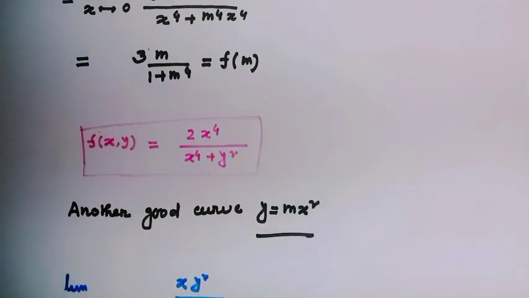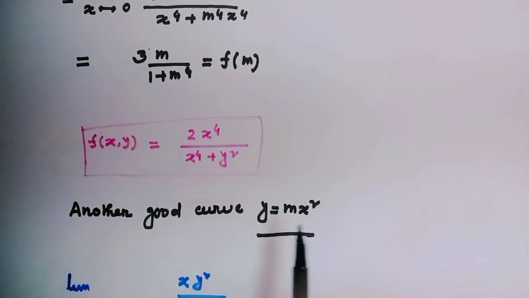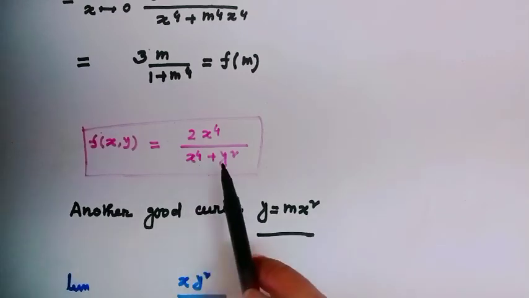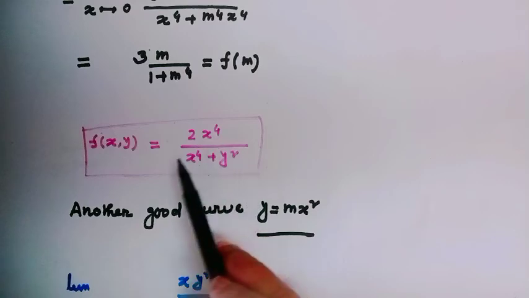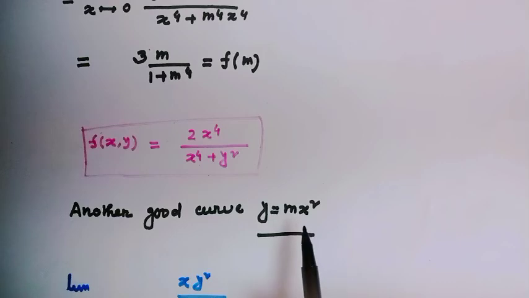Okay. So for this function I have to put y equal to mx square, because here x to the power 4 and here y square. For this reason I have taken y equal to mx square. Just check why the limit does not exist. Let's see another function.